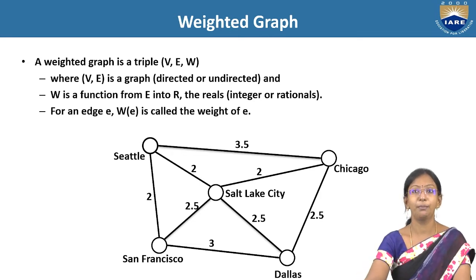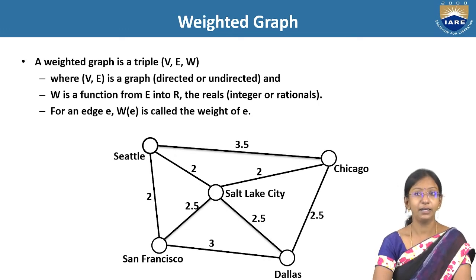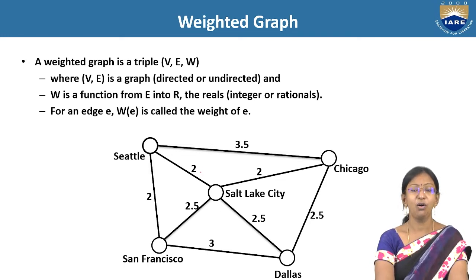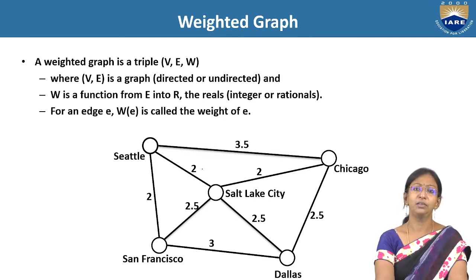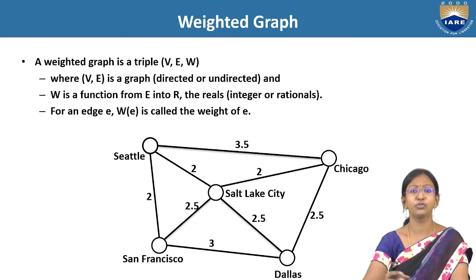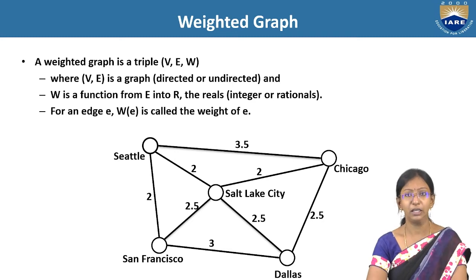Say in the given graph, you have connected Seattle, Chicago, Salt Lake City, San Francisco and Dallas, and they are connected with some numerical values. These numerical values can be units of distance or any numerical value. If you are using the number of units you are going to send from source to destination, the weights which you use can be of any form.